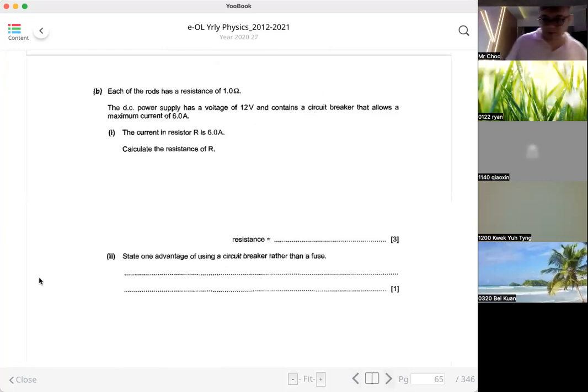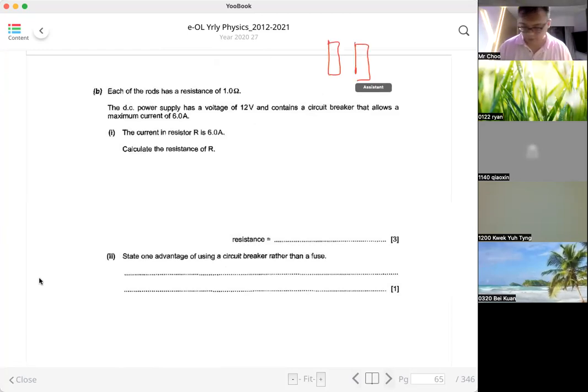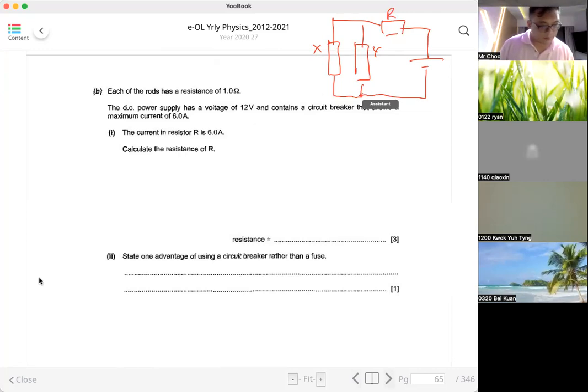Okay, start doing. I will sketch the diagram onto the screen. Okay, so this is the circuit diagram.